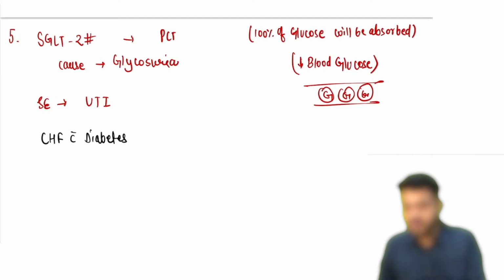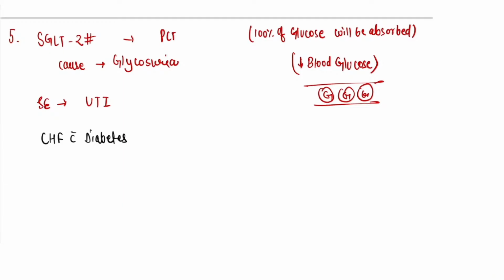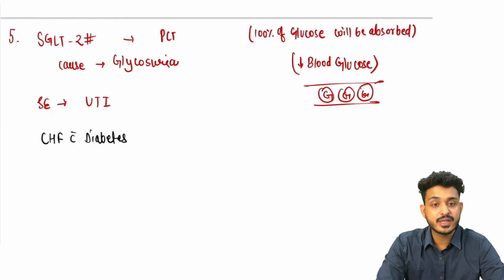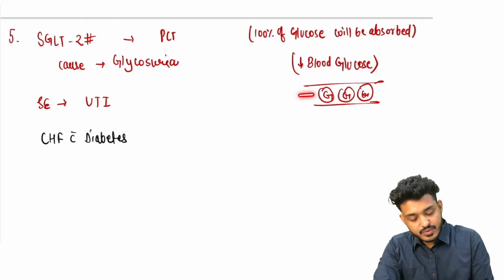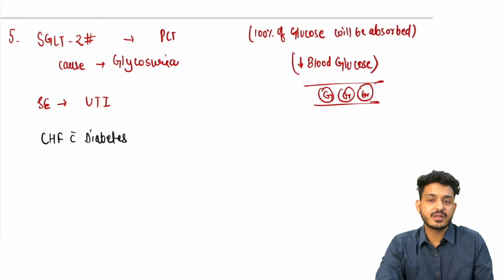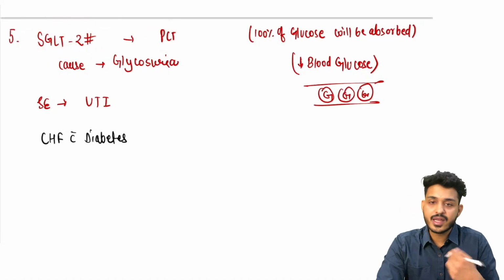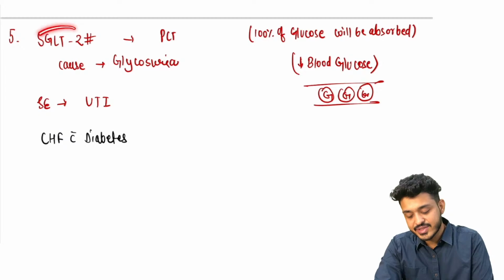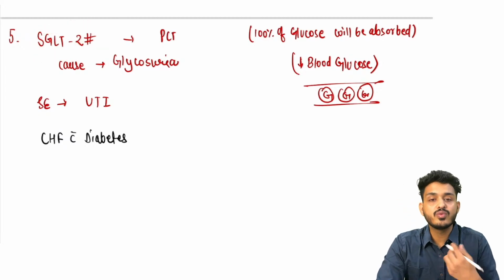What it is going to do is remove the excess of glucose. Let's try to understand this again. The SGLT2 inhibitor we are giving works on the PCT, and its function is to remove the excess of glucose.